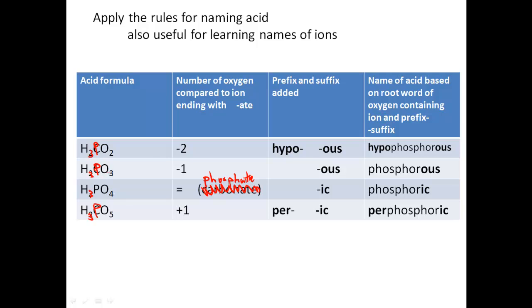So we'd have H3PO3 would be phosphorus acid. If we have two less oxygen, that would be H3PO2. That's two less oxygen. 1, 2. And we would have hypo at the beginning and OUS at the end, or hypophosphorus acid. If we have one additional oxygen, that would be H3PO5, it would be perphosphoric acid. So I think I have that corrected so it looks right.